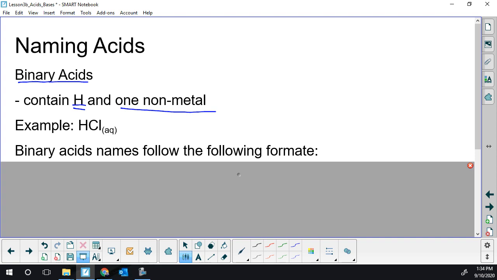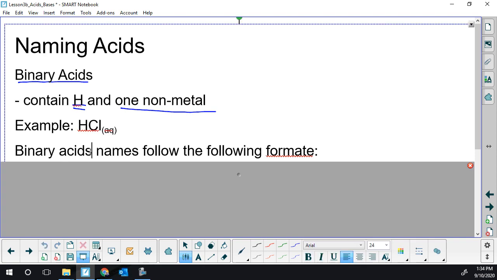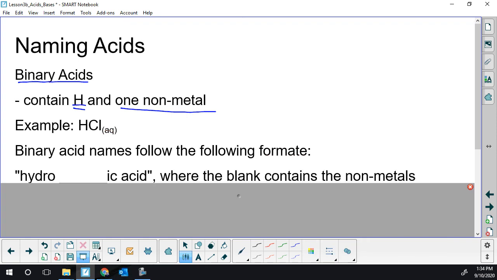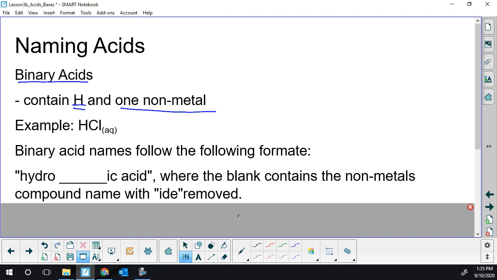Binary acid names always follow the following format: hydro, blank, ic acid, where the blank contains the nonmetal element name with the ide removed.